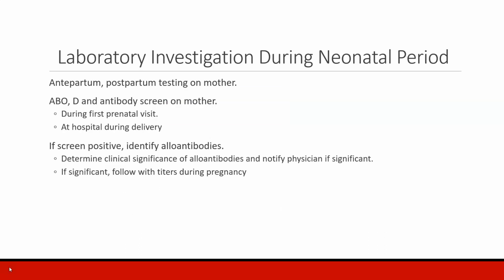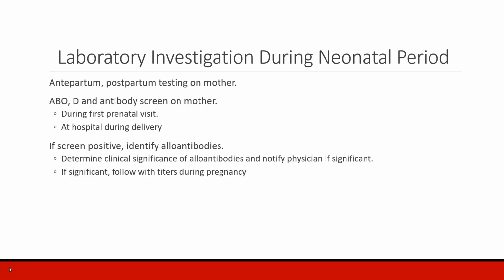So there is antepartum and postpartum testing on the mother. When a person finds out they're pregnant, they will have an ABO D type done as well as an antibody screen during their first prenatal visit. Then that test is repeated at the hospital during delivery.